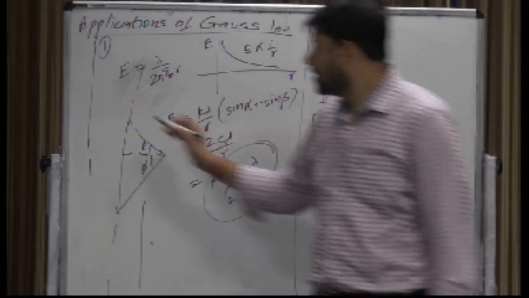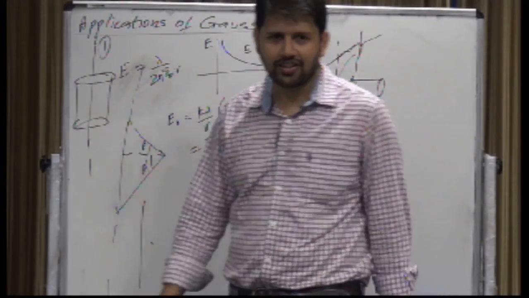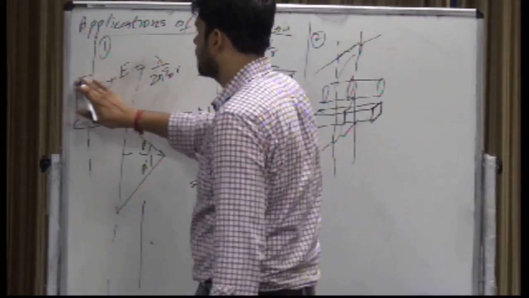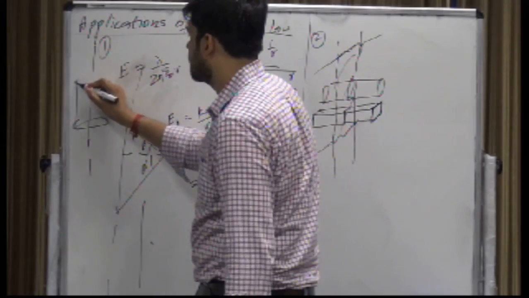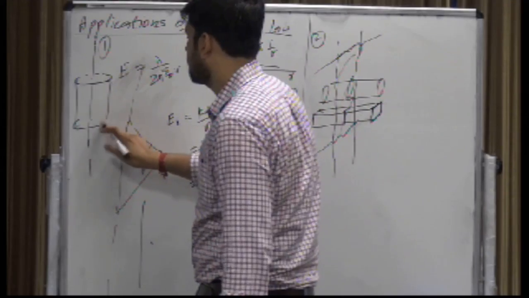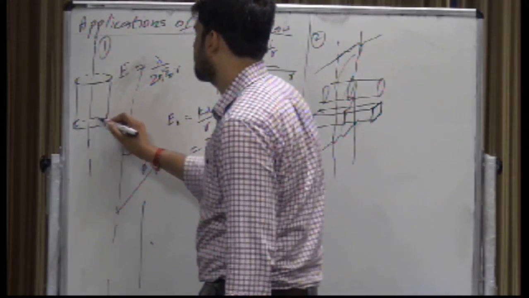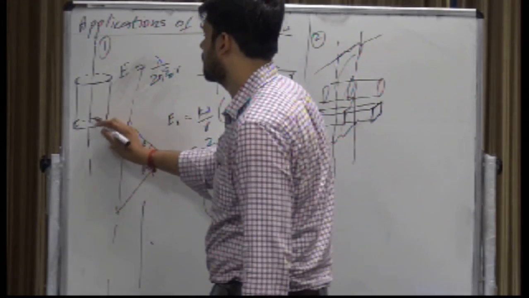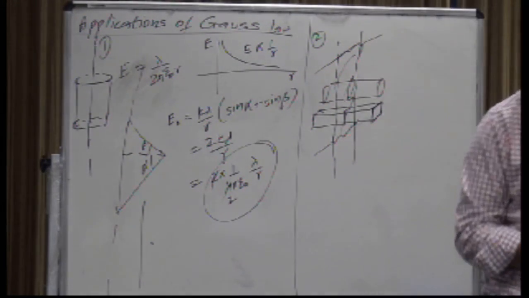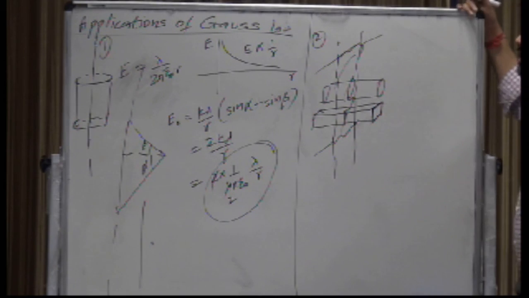Here also it was told it is a cylinder, that's it. Why a cylinder? Why not take a cube here? Why take this kind of surface here?